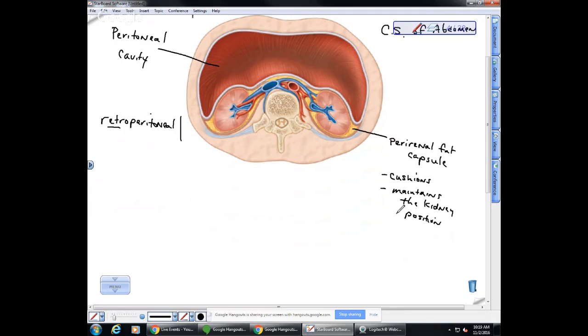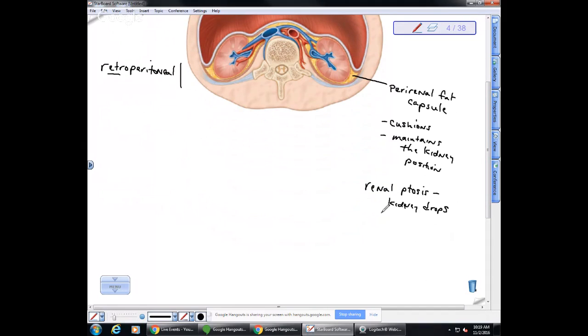That is called renal ptosis. When the kidney drops because of the lack of fat, it can kink the ureter. The ureter is generally straight, but if the kidney falls, you can get a kink in the ureter.